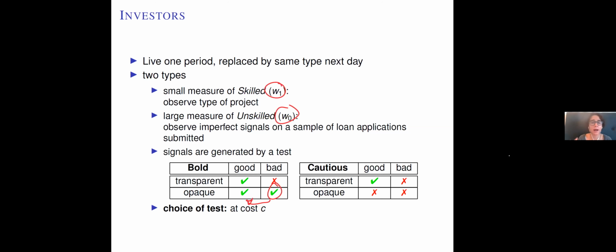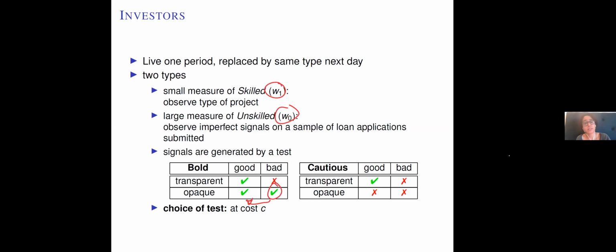It says some bad projects are good, and these mistakes are all concentrated on opaque projects. So this is a test which says, I don't want to give up on any good investment, at the cost of sometimes financing some bad investment. That's why we call it bold.